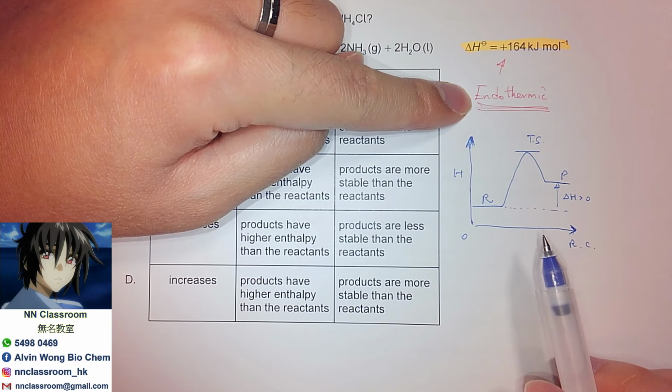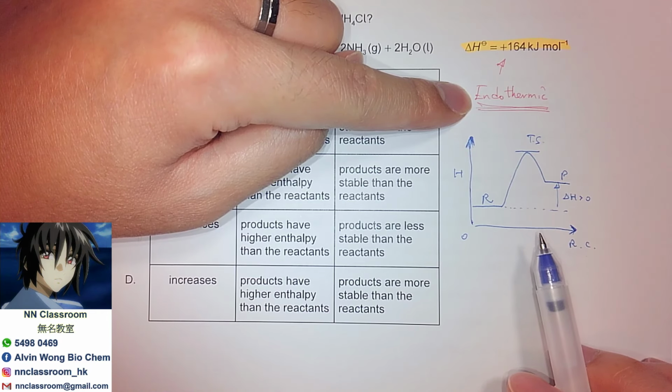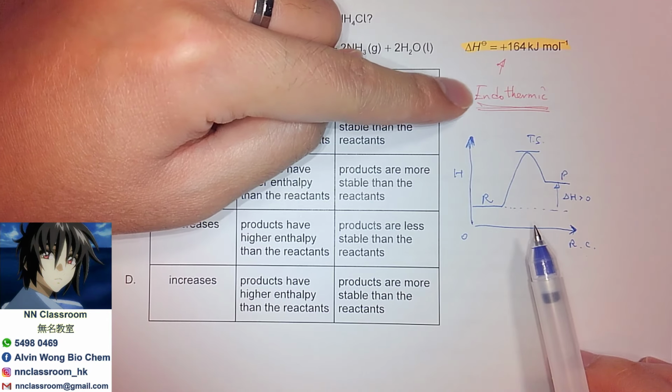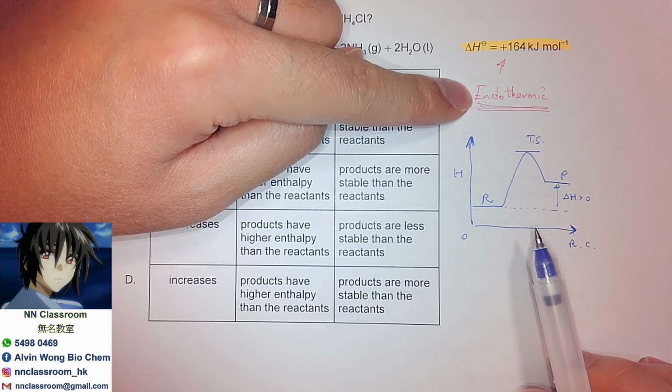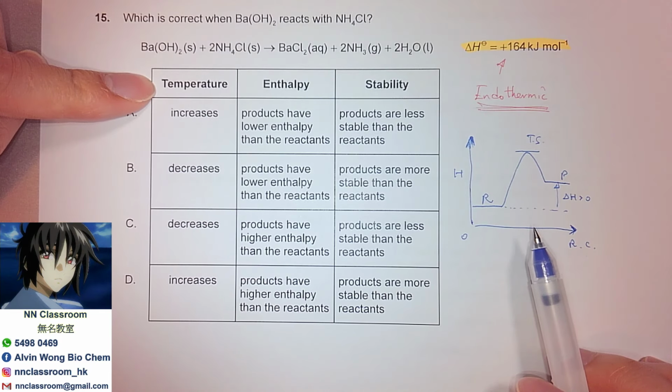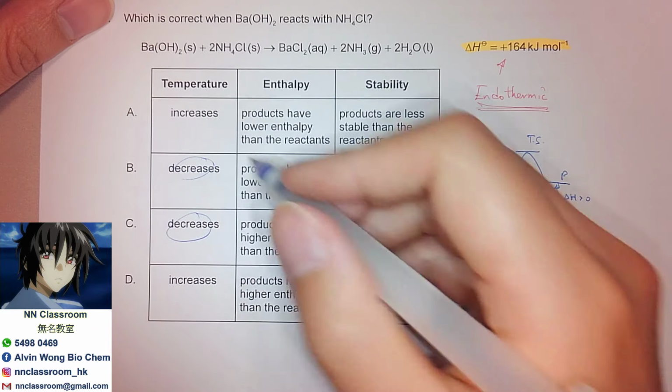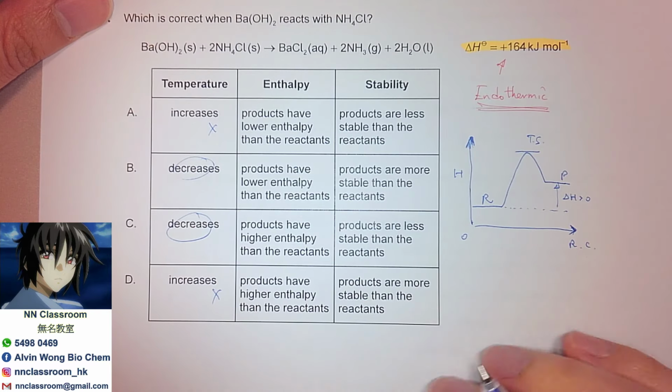So the surrounding temperature or within the system's temperature is going to drop, like getting cooler, right? So that's why with an endothermic situation, heat is being absorbed. So the reflection is that the temperature as an indicator will show a cooler temperature. So cooler temperature means temperature decrease, right? So that's why the answer is obviously not A and not D, right?